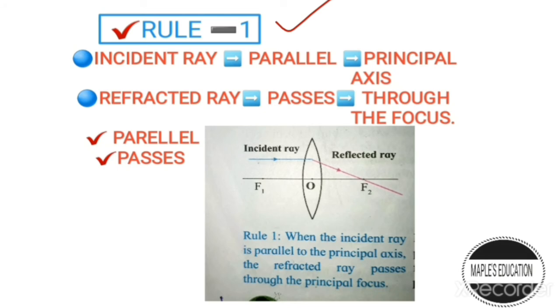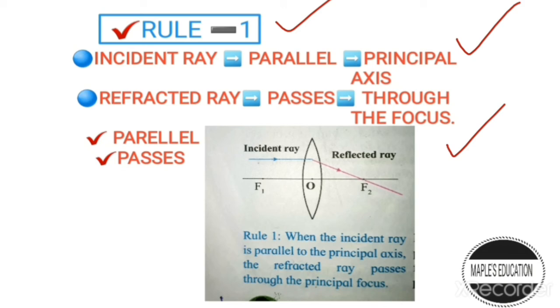What is a refracted ray? A ray after it passes through the lens is a refracted ray. You also know what the principal axis is and what a focus is. Principal focus or focus, you can say any one of them.